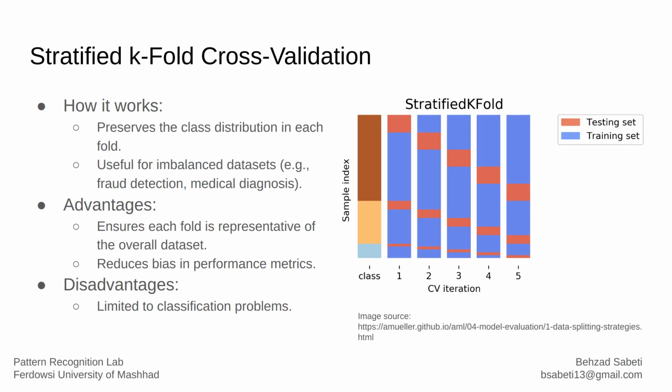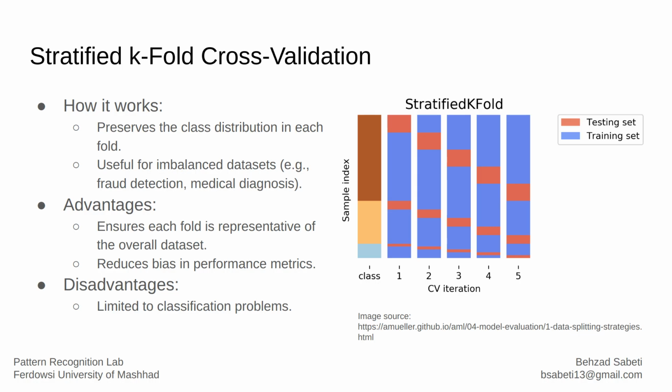Now let's discuss stratified k-fold cross-validation. This method is particularly useful for imbalanced datasets, where one class significantly outnumbers the others. Here's how it works. The data is split into k folds, but the class distribution is preserved in each fold. This ensures that each fold is representative of the overall dataset.